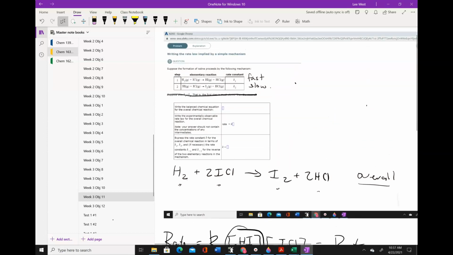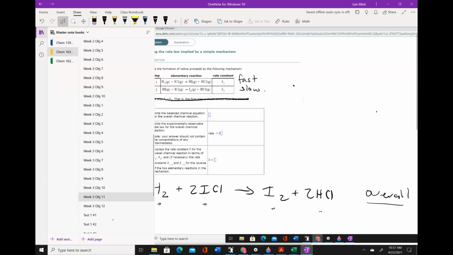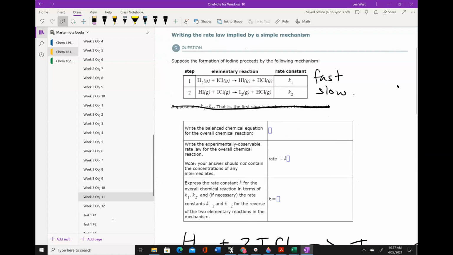Well, what we have to understand is what happens when we have a fast step followed by a slow step. These two products are going to be produced very quickly, but they're going to be consumed very slowly. In fact, the HCl isn't going to be consumed at all. That's just going to build up.